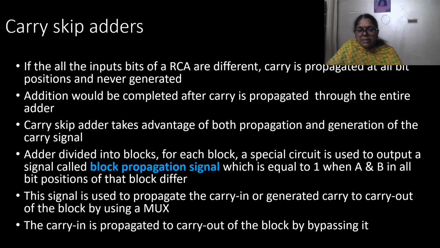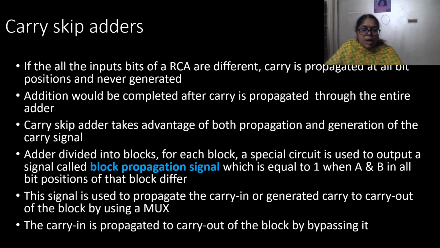Thus, carry will be propagated to the next stage. But if A and B are not different in all the bit positions, then the block propagation signal will be 0. Or in other words, whatever carry is generated by that block is going to be considered as the final carry, which will be given as the carry input to the next block.